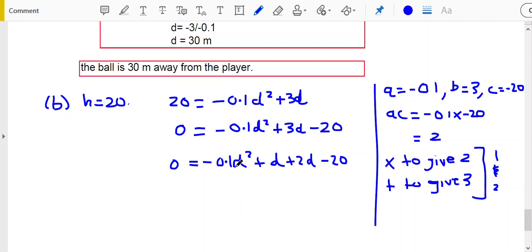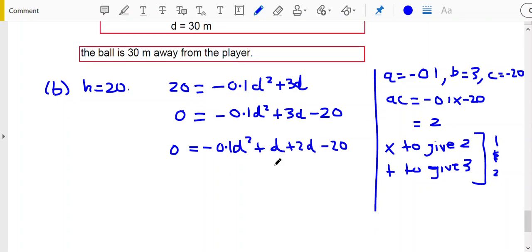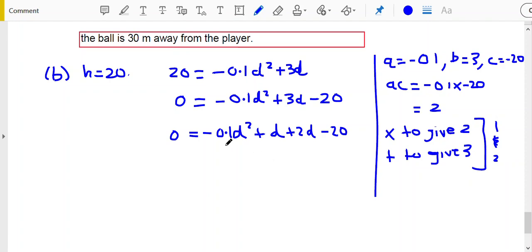So I've got 4 different terms. I need to use the grouping method. So I can just group the first 2 terms and the last 2 terms. The first 2 terms have a d in common. The last 2 terms have a 2 that's in common. Okay, so 0 equals, if I factorize with a d, I'll have d bracket negative 0.1 d plus 1.